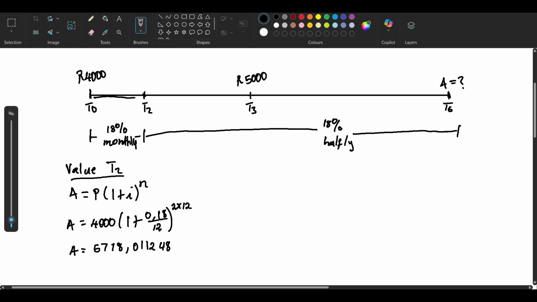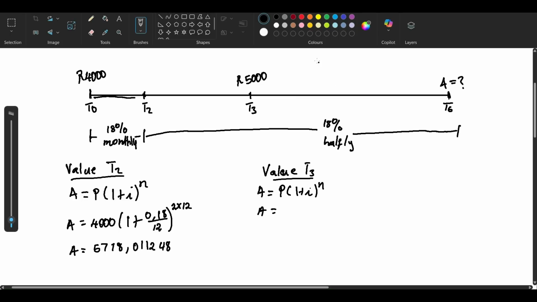So we are going to term number 3 now, which is our 3rd year. So we are going to say our value at T3, right? You're going to take this money and compound it for 1 year, right? So we are going to write the formula, and then we are going to say our present value.